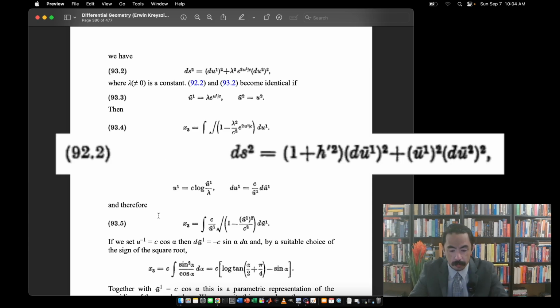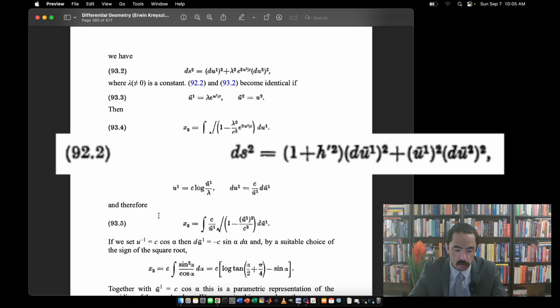From the previous section 92, there was a relation for the first fundamental form for a spherical surface of revolution, and that's 92.2.